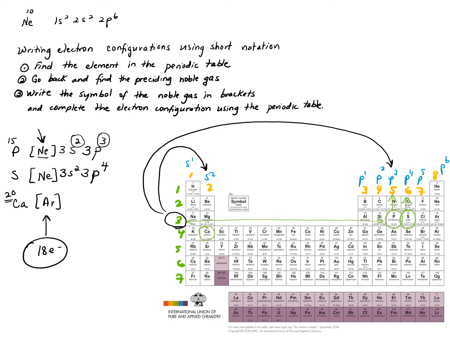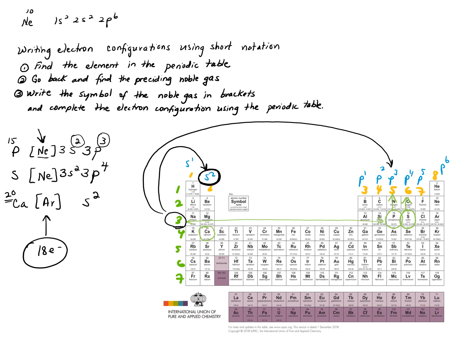So let's check where calcium is on the periodic table. Calcium is in group 2, period 4. For group 2, what you have is s2. So I'm going to write down that. Group 2, s2.